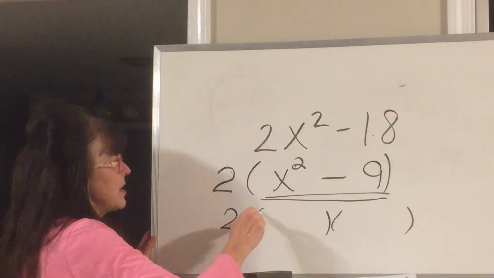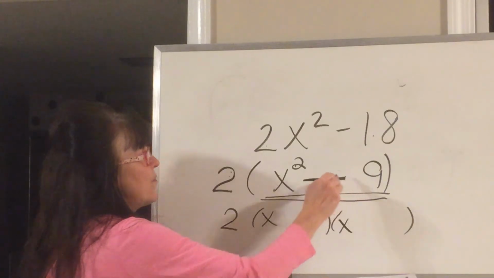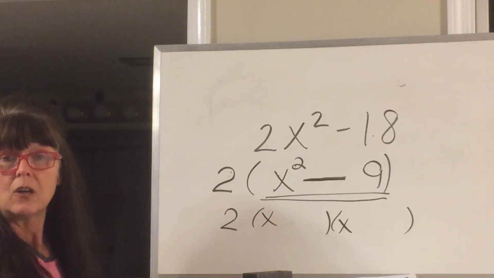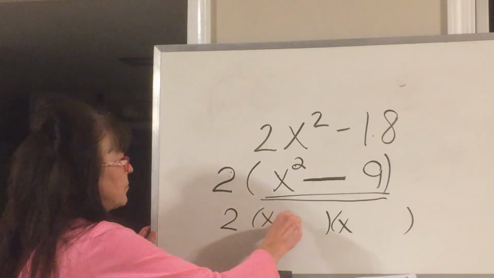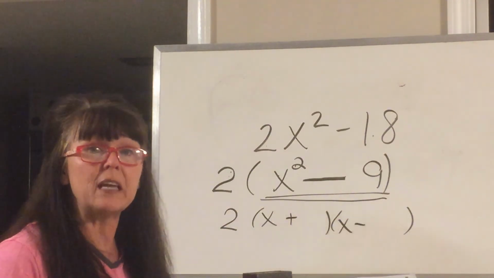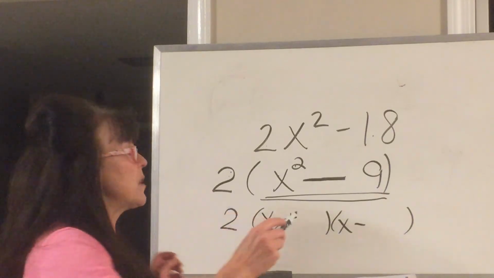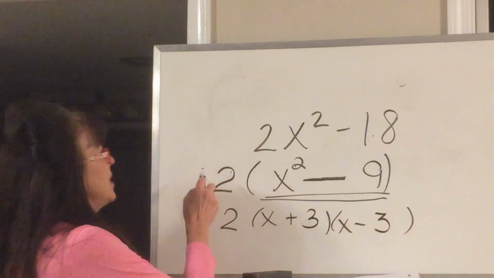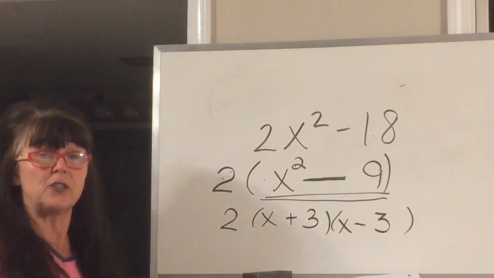X squared is x times x. Again, how do you factor a minus? That means different. What does different mean? 1 plus, 1 minus. And then when you get to the number, what do you do with it? You take a square root. So the square root of 9 is 3. And that was a GCF mixed with the difference of squares.